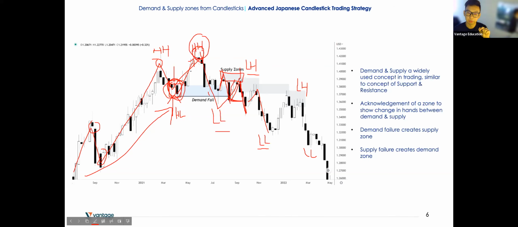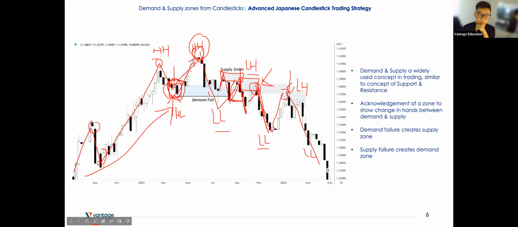One way is to identify your supply zone. Find the area where buyers and sellers had a conflict, an exchange, and the sellers overwhelmed the buyers and pushed prices down further. When it retraces back to this level, some of these sellers might still be in the market, and more sellers will enter to get out.